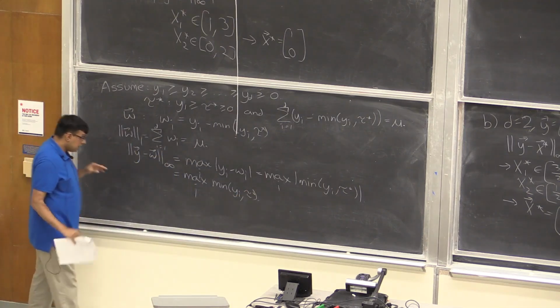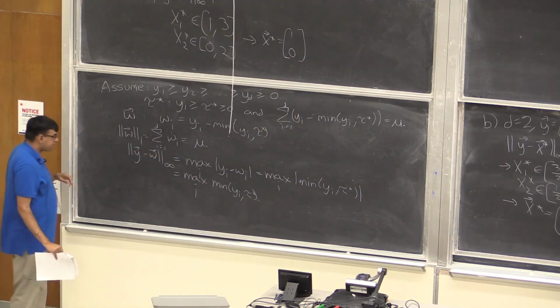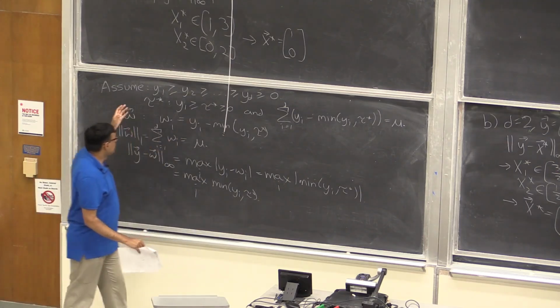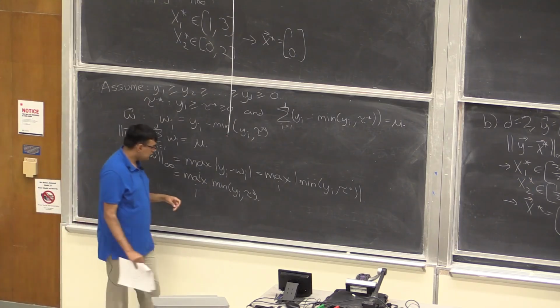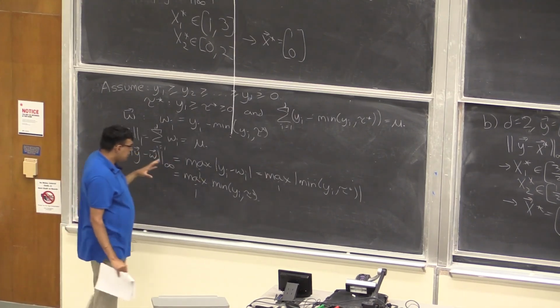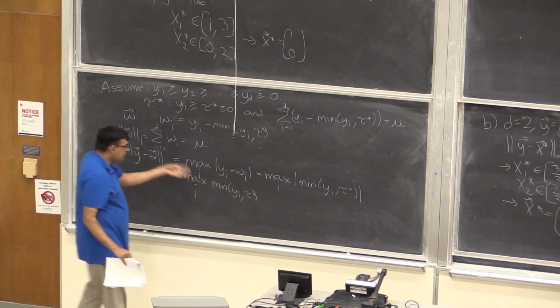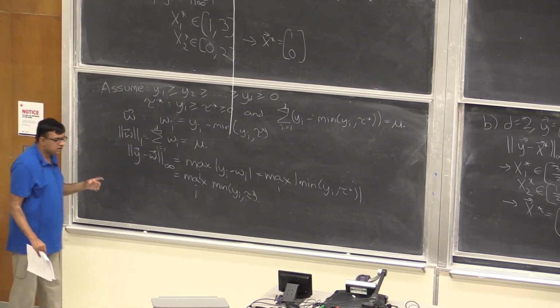Because we know this relation, y1 is greater than or equal to y2, greater than or equal to whatever, greater than or equal to 0, and because y1 is greater than all the rest, we know that min of y1 and tau star is greater than the min of all the rest and tau star.